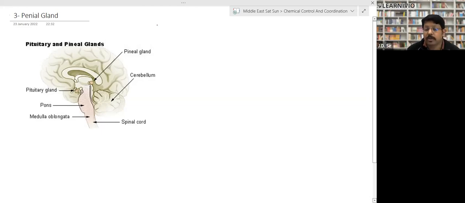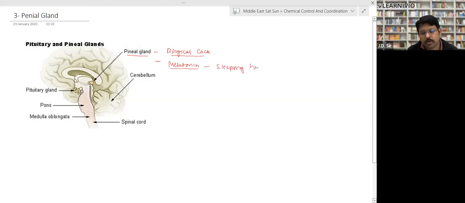One more important thing about the pineal gland. First, it is the biological clock. Second, it secretes a hormone called melatonin. Melatonin is called the sleeping hormone.